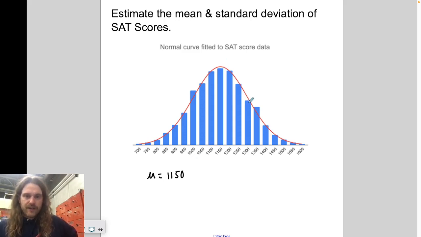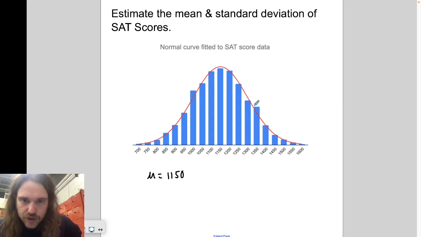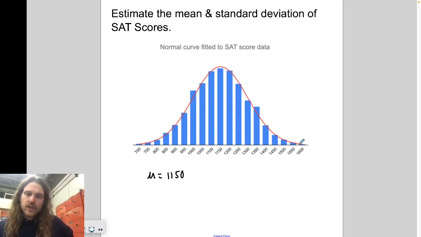You can try to find the inflection point, where it goes from opening down to opening up, or you can go out to where it touches the line, subtract the mean to figure out the distance, and divide by 3. So 1600 minus the mean, 1150, gives 450, divided by 3 is 150.